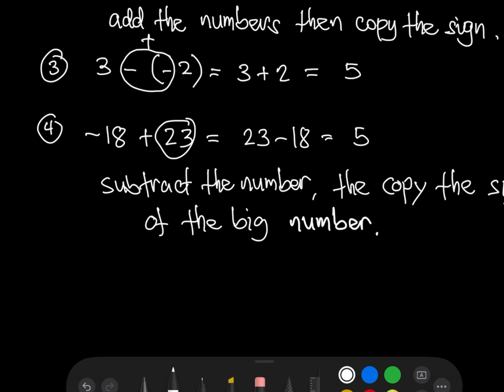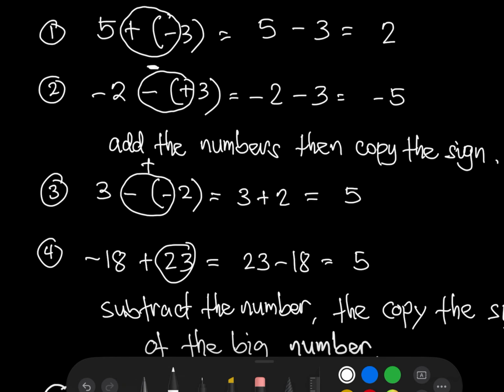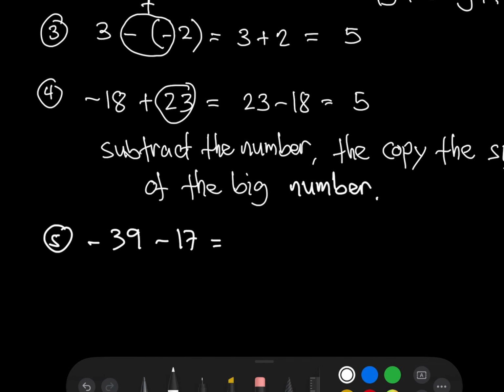Let's have more. For the fifth example, if you have negative 39 minus 17. This example is the same as problem number 2. Add the numbers, then copy the sign. So what is 39 plus 17?